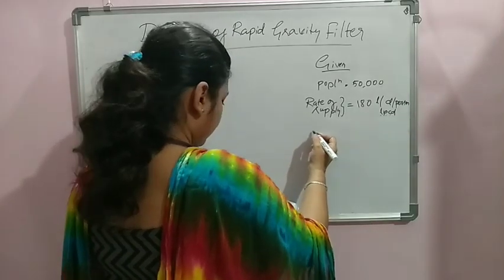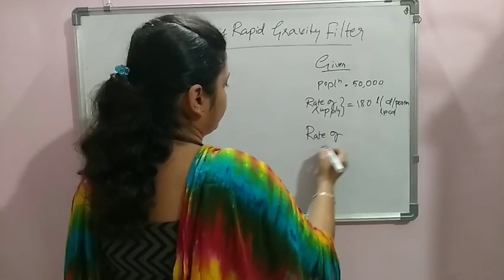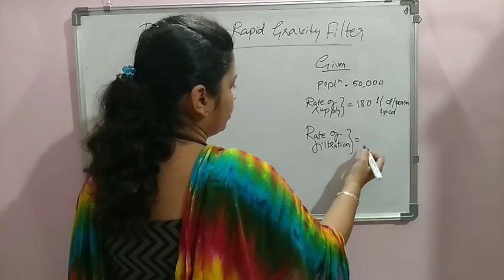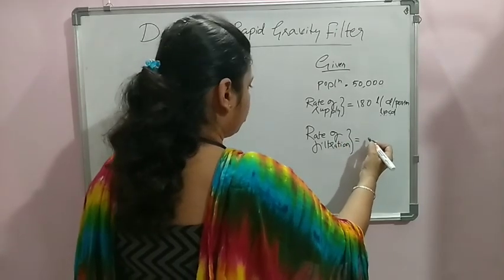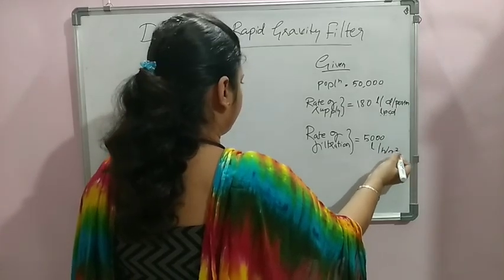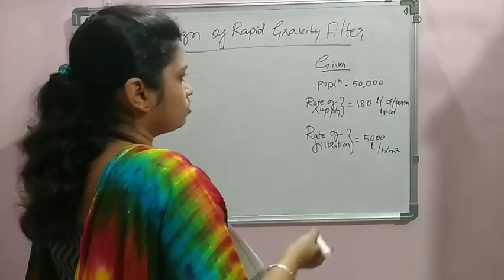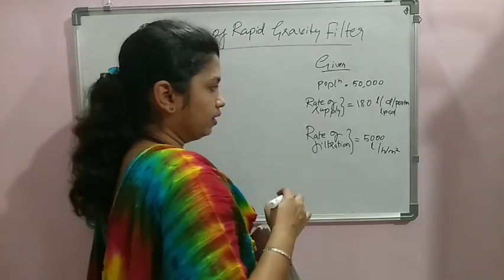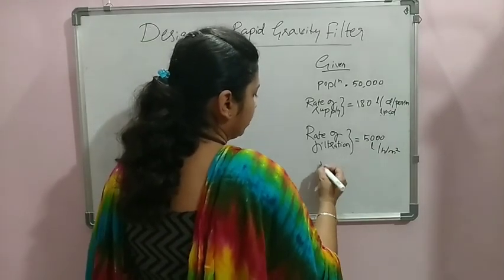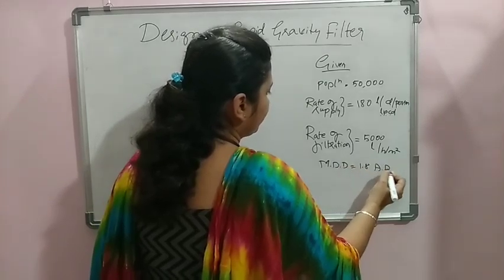Next, they have given the rate at which the filters work, nothing but rate of filtration, which is given as 5,000 liters per hour per meter square. Assume other missing data. In this case, as we did in the previous design, the other things are very normal. Again, we will be assuming here the maximum daily demand is equal to 1.8 times the average daily demand.